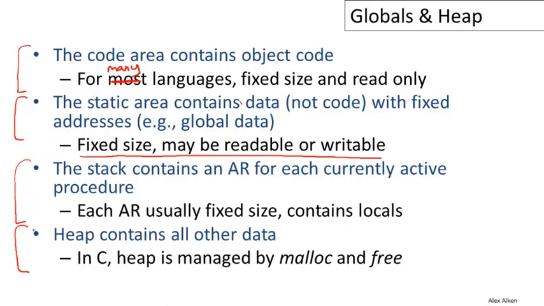This includes all the dynamically allocated data. And if you are familiar with C, the heap in C is managed by the programmer using malloc and free. In Java, you have new for dynamically allocating data, and then garbage collection takes care of reclaiming data from the heap that's no longer used.